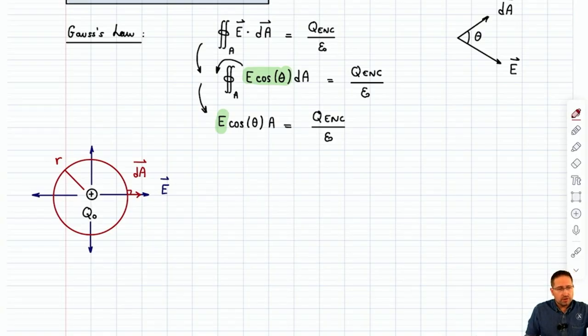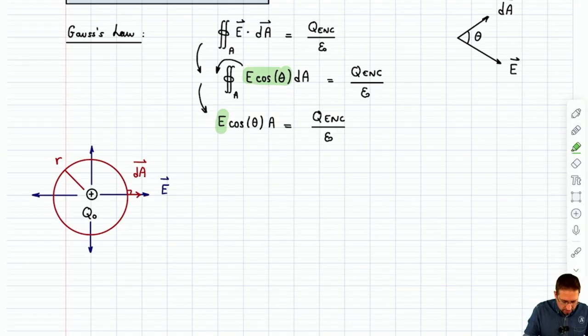And if you look at any point on this sphere, you will see that the electric field E is always exactly along dA. That's the symmetry, at least in direction. So the angle theta between E and dA is everywhere 0. That's nice because then cosine 0 is the same everywhere.